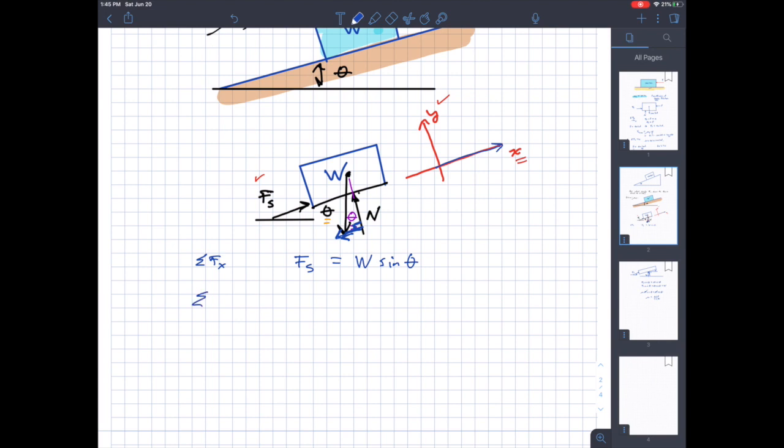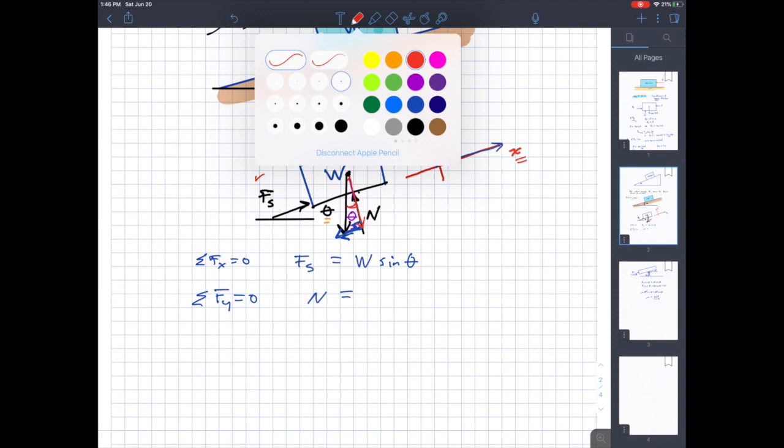The other thing we have is that the sum of forces in the y direction has to be 0. In the y direction I have the normal force working up. I put everything working up on one side, and everything working down on the other side of the equation. Working down is this component, which I'll draw in red. This component coming down would be cosine of theta, because it's adjacent to that theta angle.